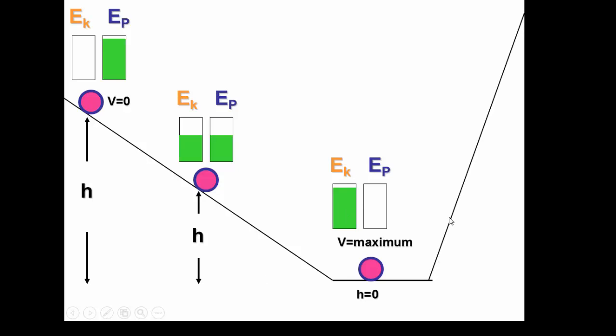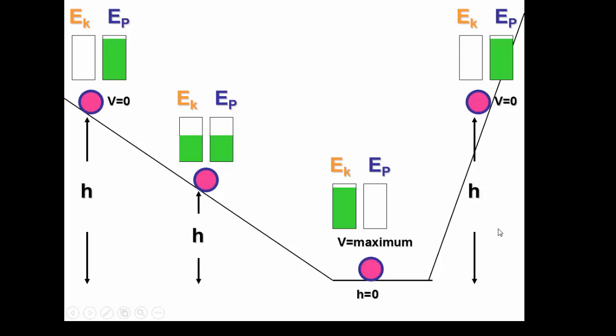Then if you have another incline beside the first one, it will start rising up until it reaches the same height if there is no friction, and it's back to all potential energy, and so on. It will continue rolling back and forth, reaching the same height, assuming there is no friction.